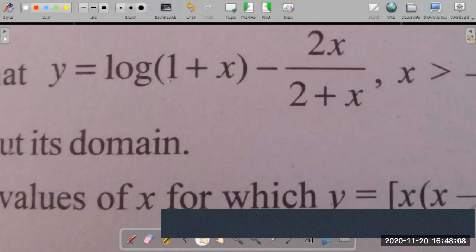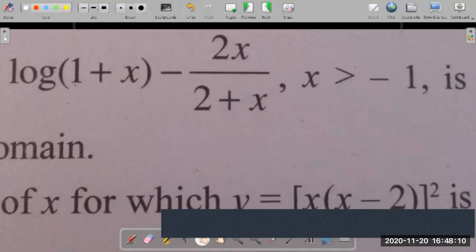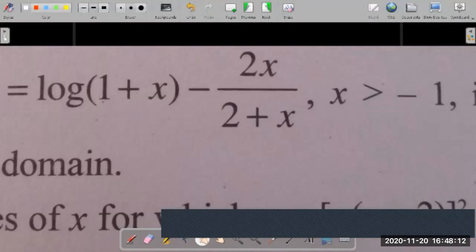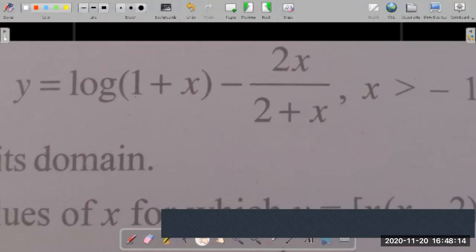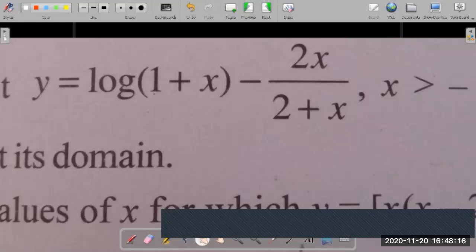and what he has given here is x is greater than minus 1. Why is x greater than minus 1 given? If you have x equal to minus 1 here, then log 0 it becomes. Log 0 is not there, it's undefined. That's why it cannot be minus 1.